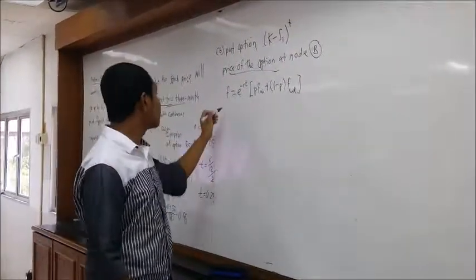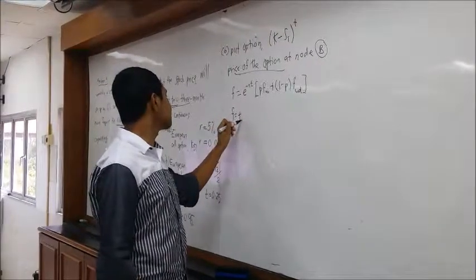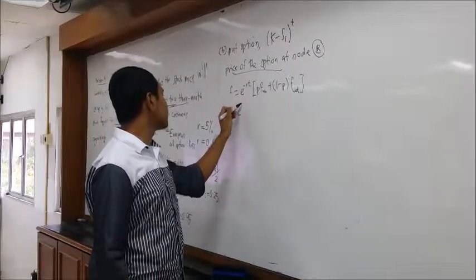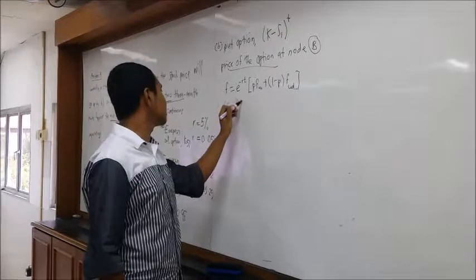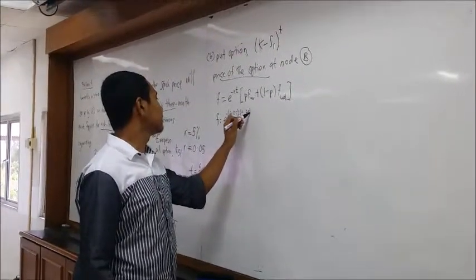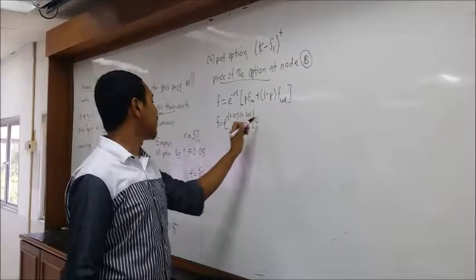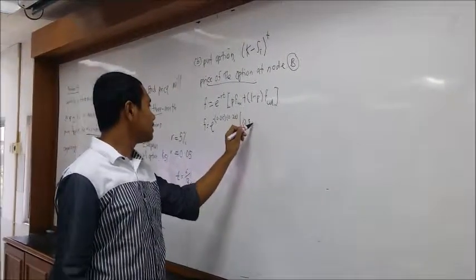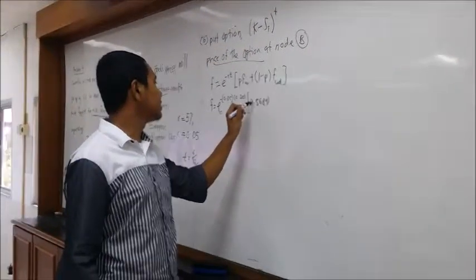For our F, just plug into the formula: R is equal to 0.05, T is 0.5, P is 0.5689.